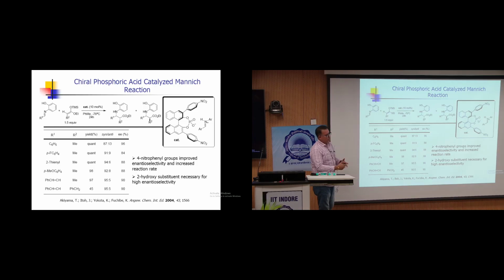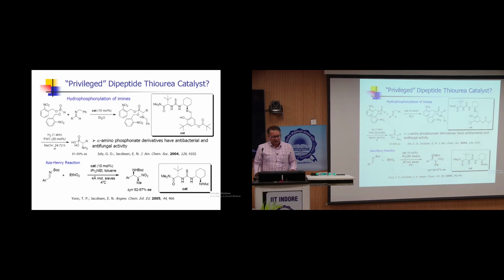So it's again 2004 when we start working on these catalysts. I think we are in the last portions of the catalysis, or particularly the organocatalysis, and this is a report again by the Eric Jacobsen group, where he writes in his paper about a privileged dipeptide thiourea catalyst.